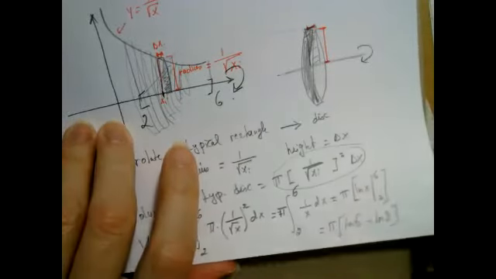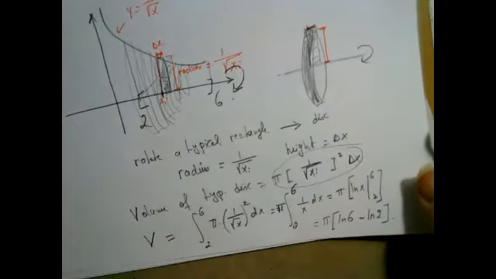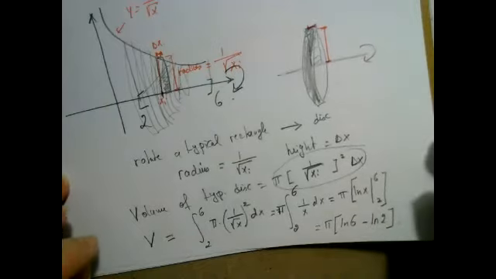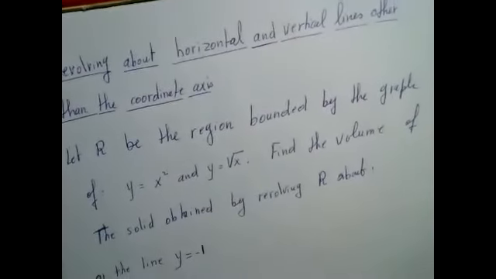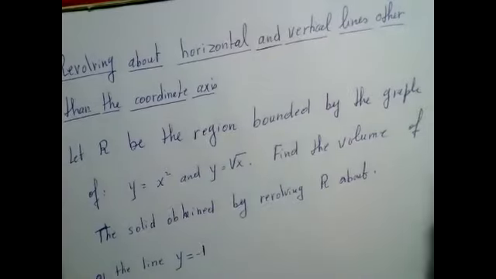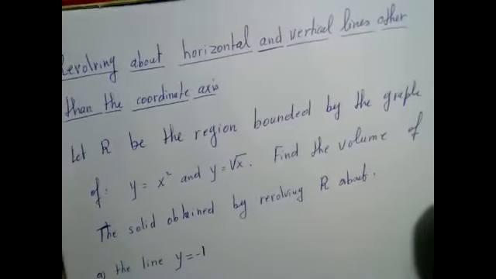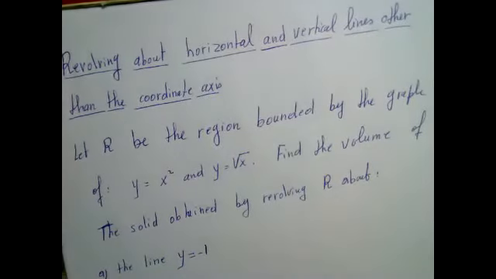So we're going to keep going along the same line today, but with a little bit of a change. Hopefully we'll do a lot of problems. We're going to revolve, but about horizontal and vertical lines other than the coordinate axes.